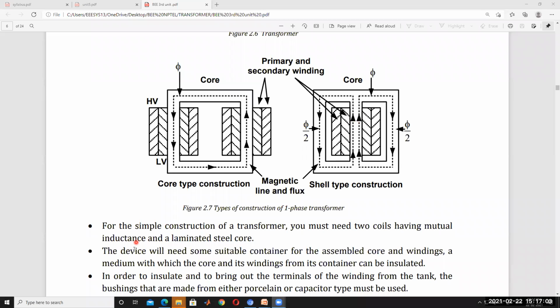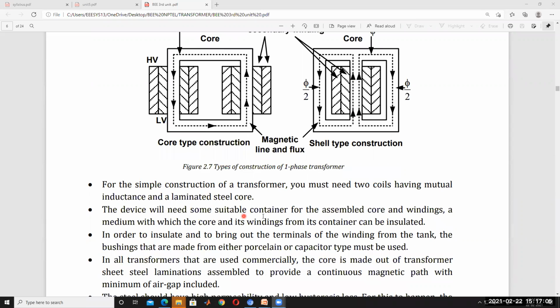The device will need a suitable container for the assembled core and windings, and a medium with which the core and windings in the container can be insulated. In order to insulate and bring out the terminals of the winding from the tank, bushings made from either porcelain or capacitor type must be used.